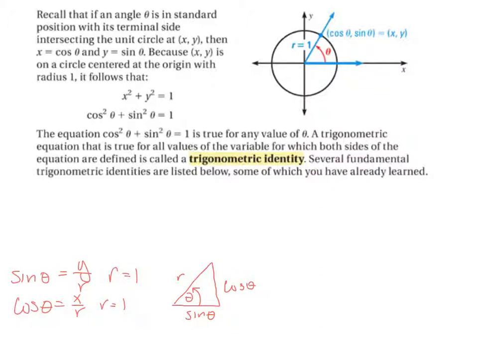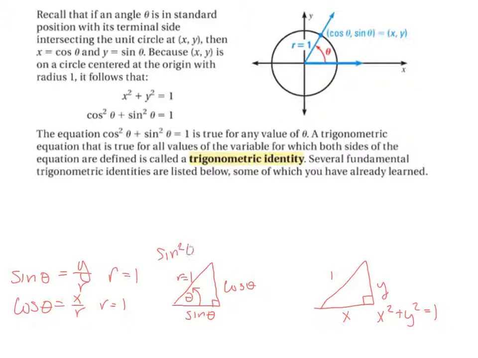We know that when we have a right triangle, this is a right triangle, x, y, 1. Pythagorean theorem says that x squared plus y squared equals 1 squared. We can do the same thing here.